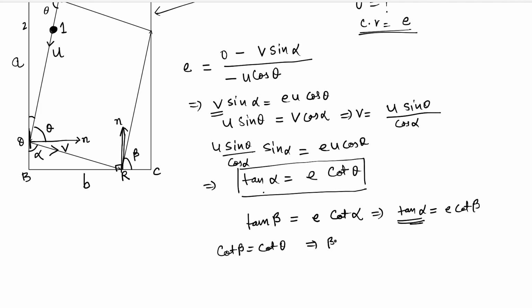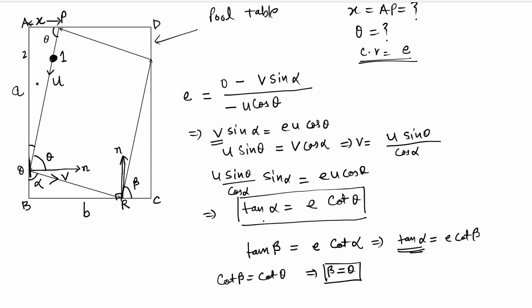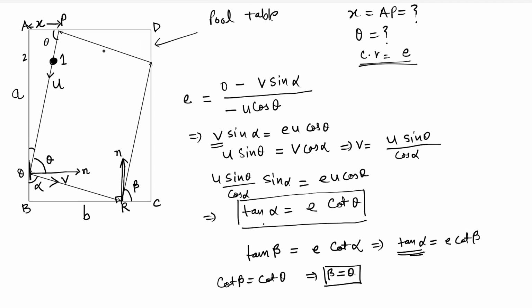That means beta is theta, which is very commonsensical, because if the ball has to come back, then this angle has to be theta as well, and that's what we are getting. If beta is theta, and if you assume this one is gamma, then gamma should also be theta.